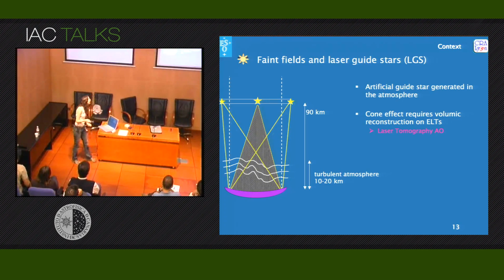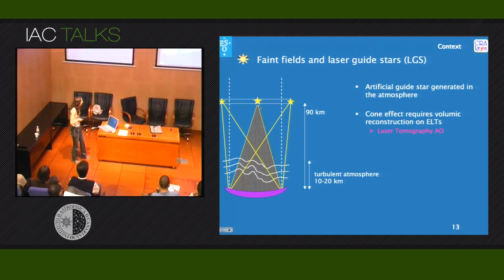But since these stars are at a finite distance from the telescope, you have a cone effect, and you don't sense exactly the same turbulence as you would when you look at a star at infinity. So you have to combine the data coming from all the directions to be able to reconstruct the cylindrical volume that perturbs your object at infinity.